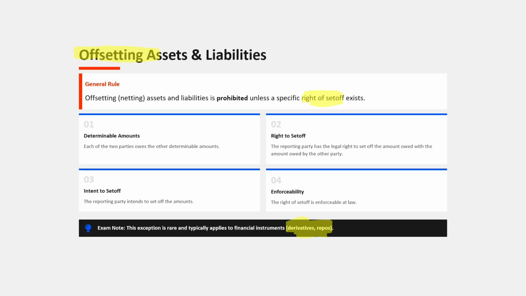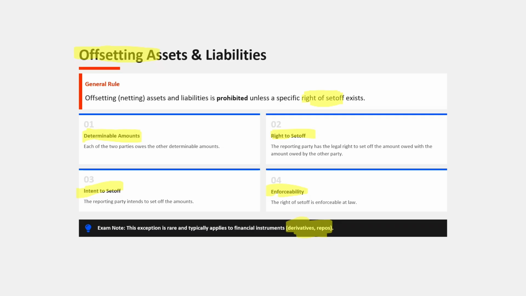What are those? Number one, they must be determinable amounts, so we know how much each party owes the other. Right to set off, they have a legal right to each other. They have intent to set off, both parties intend that. And enforceability, this is enforceable. One example could be, let's say we have a vendor and we bought a product from them and owe them $100,000.